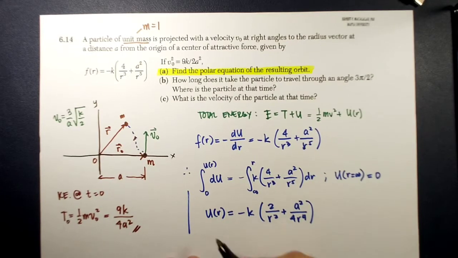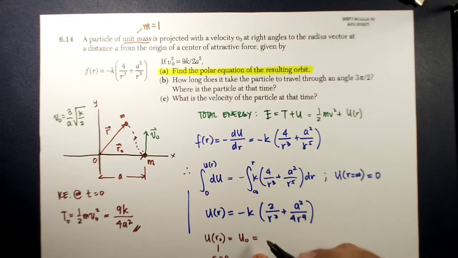From there, we can also define U at time equal to 0. Let's call that U naught. Here our r naught is equal to a. So this is equal to negative k times 2 over a squared plus a squared over 4a to the 4th.